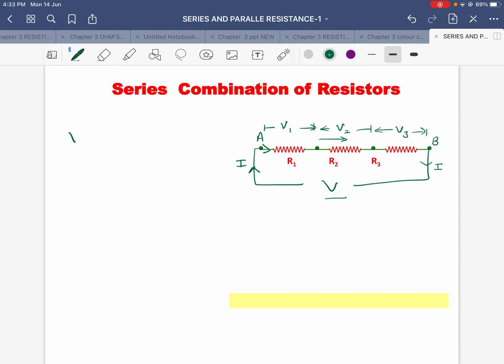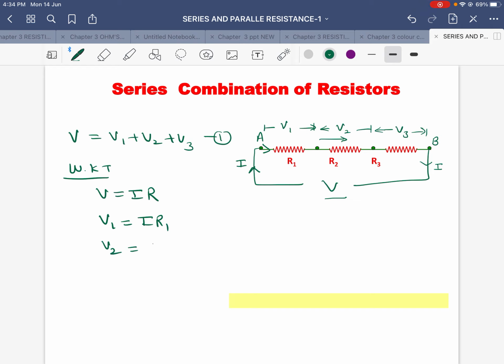So the total potential V is the sum of V1, V2 plus V3. This is equation number 1. We know that according to Ohm's law, V is equal to IR. V1 will be equal to IR1 because current is the same through R1, R2 and R3, and V2 is equal to IR2 and V3 is equal to IR3.